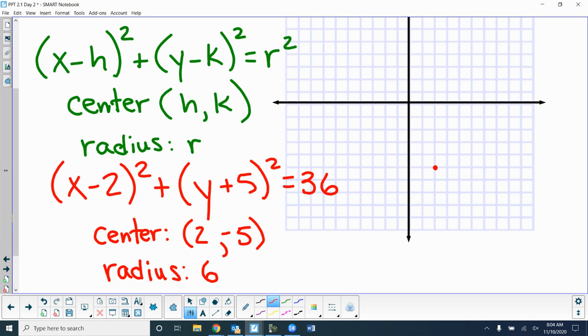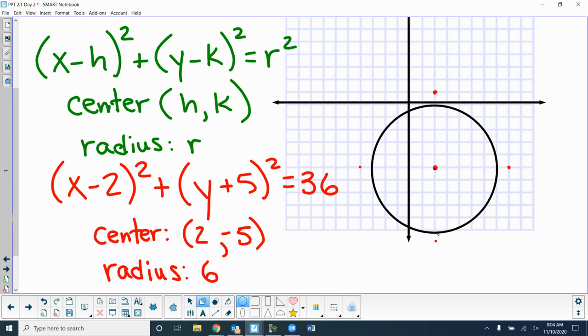So what I do is I just go from the middle 6. 1, 2, 3, 4, 5, 6. That's what happens with a circle, right? Radius is from the center to the edge. And then we just draw our circle.